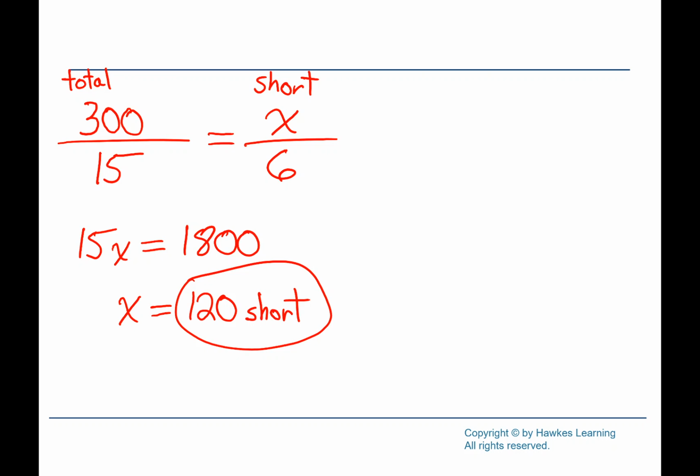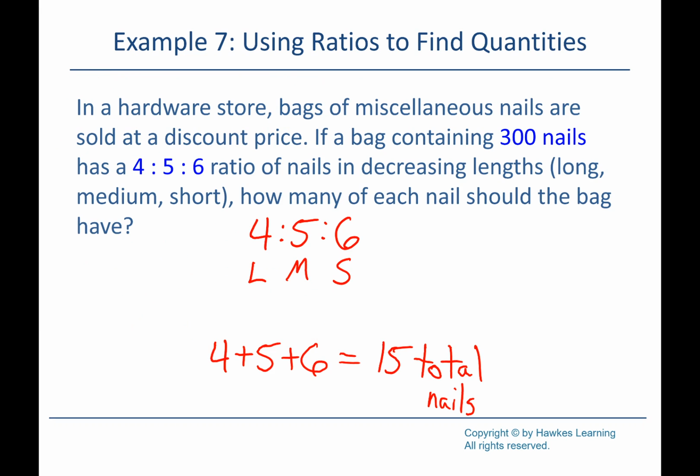Now, we've got 2 more to find. We need mediums and long. Okay. And we've got a bunch of options because we just figured out that we've got 120 short nails. So if we want to, we don't have to use the total anymore, or we can use the total, it doesn't matter.